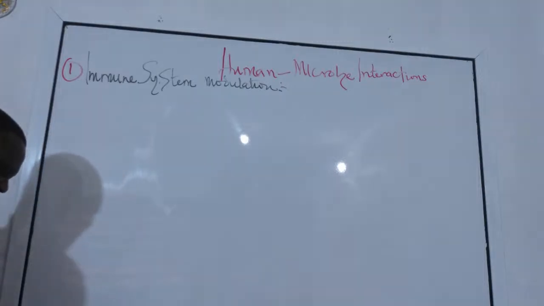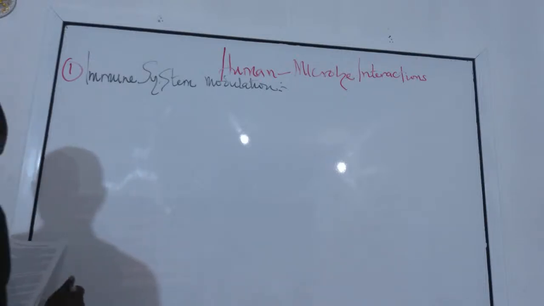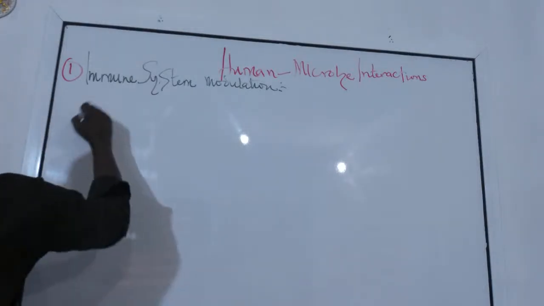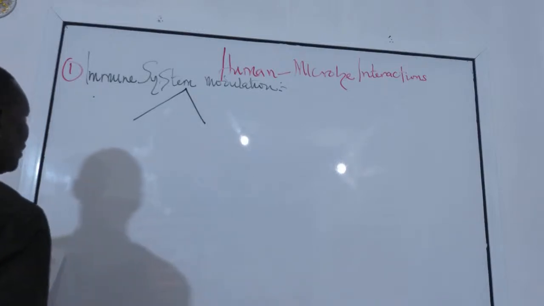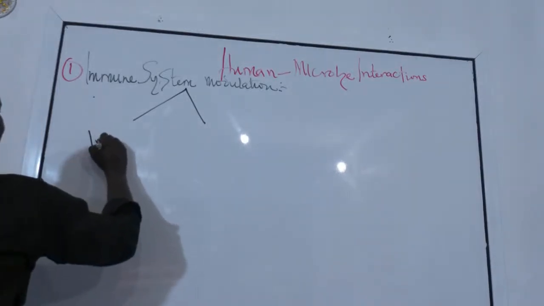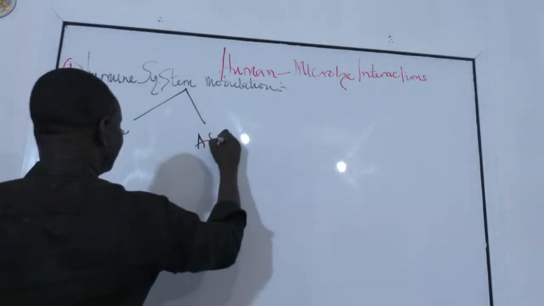That is the reason why we want to examine that microorganisms play a very crucial role in doing that. Now, don't forget, the immune system is divided into innate and adaptive.